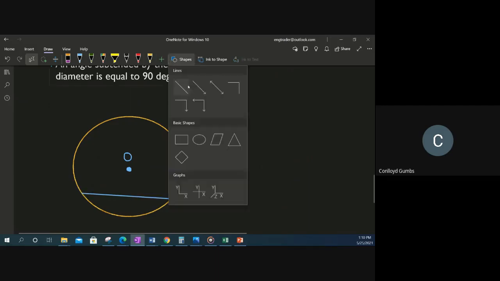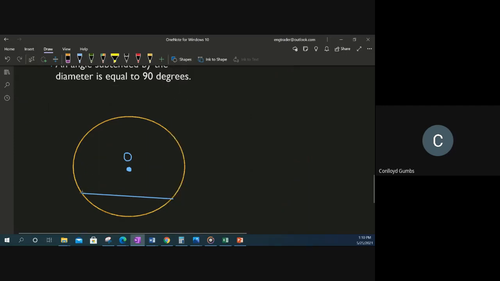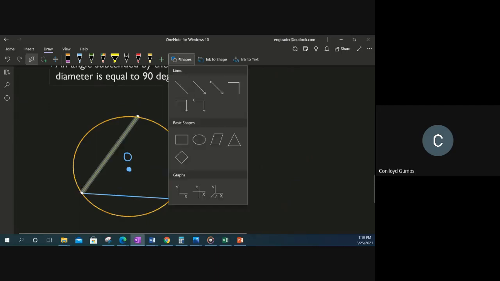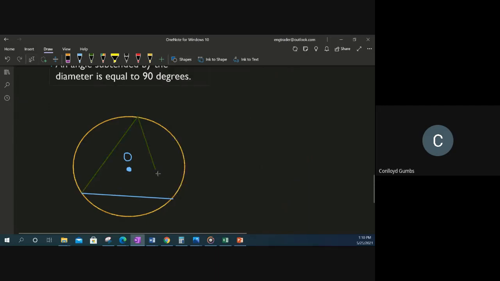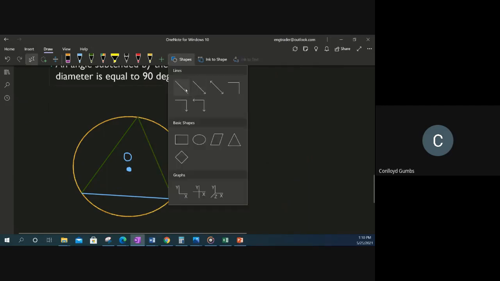And let's say we had an angle that was sitting on this chord, going like this. It goes here, comes here. I'll draw a separate one now.